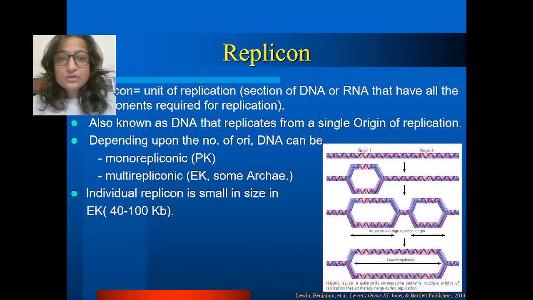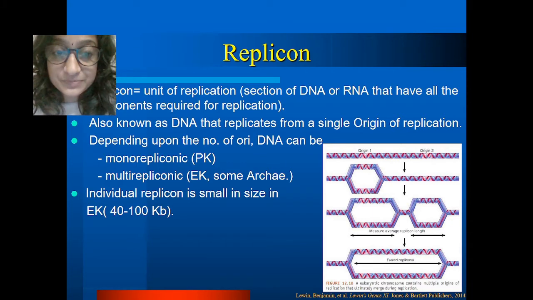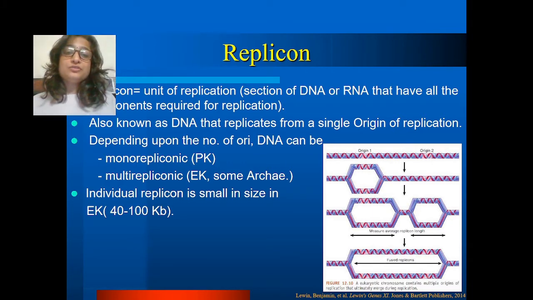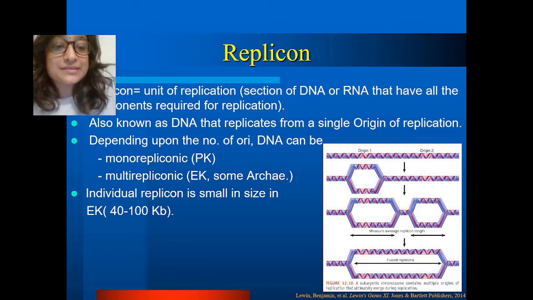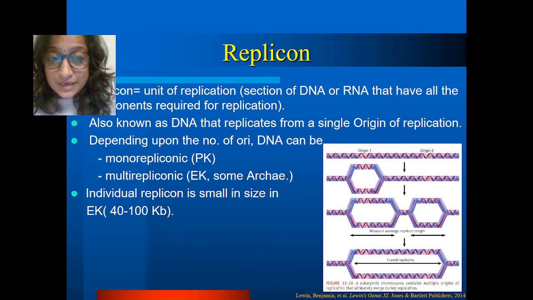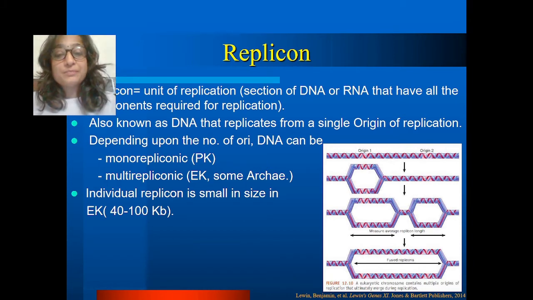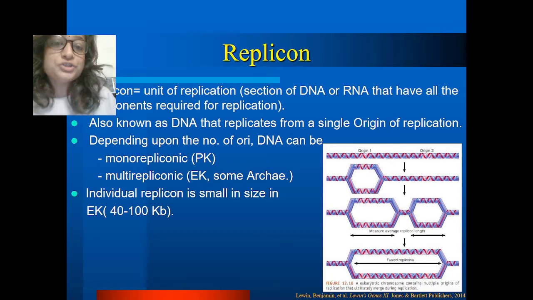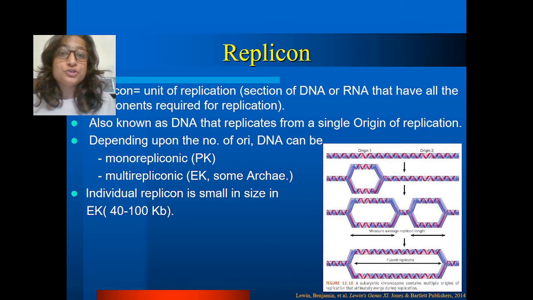The individual replicon is small in size in eukaryotes, ranging from 40 to 100 kilobase pairs, and this multirepliconic condition is possibly one of the essential requirements which accounts for the replication of the long eukaryotic genome in due course of time.